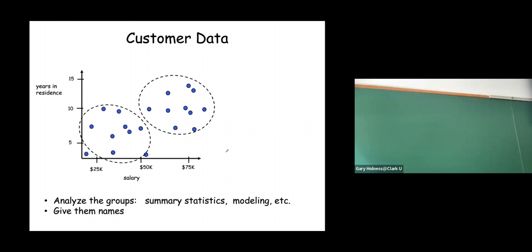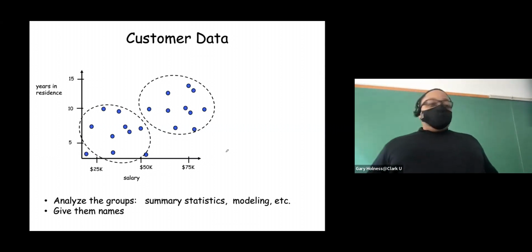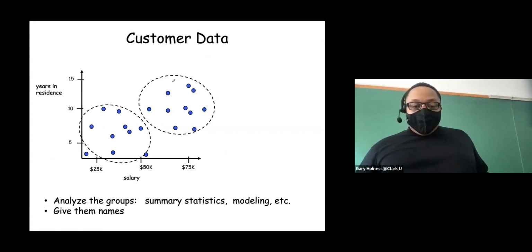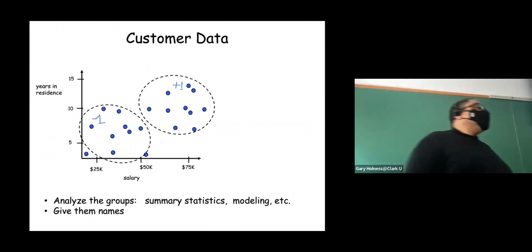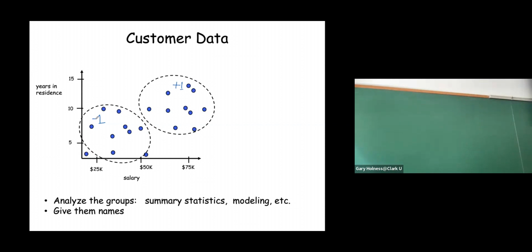So using this idea of grouping, you can go in after the fact and say, I don't have labels, but everybody in this grouping, I'm going to assign a label of deny, or in another grouping, I'm going to assign that plus label of approve. So then you can go through and say, everyone here is going to have a label of +1, and everyone in this grouping is going to have a label of -1. So you can use this clustering to assign labels in the absence of knowing what these ground truth labels are.